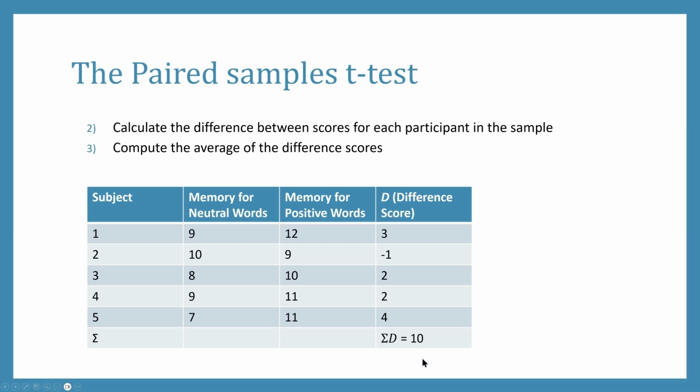And then to figure out on average how many words did the sample remember from the positive versus neutral condition, we just take the average, take that sum of our different scores divided by the number of scores that we have. So in this case, it's 10 divided by 5, and our average is 2. So what this is telling us is that on average, people in this sample remembered 2 more words in the positive list versus the neutral list.